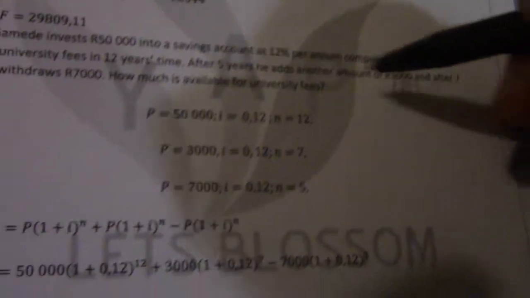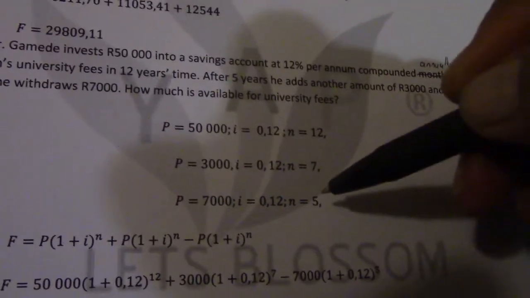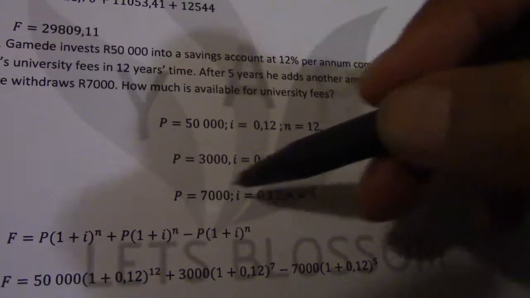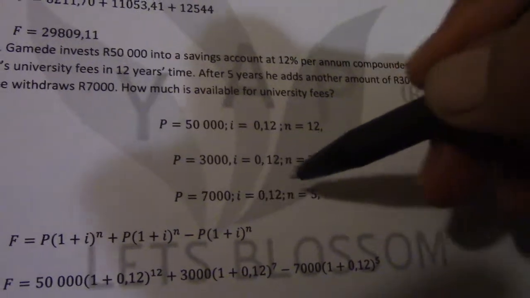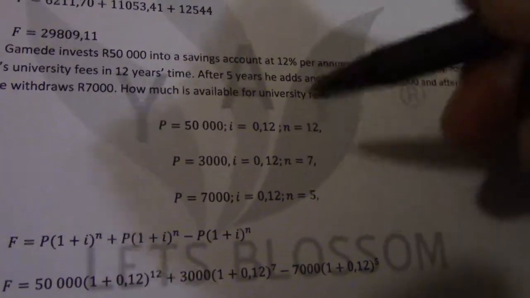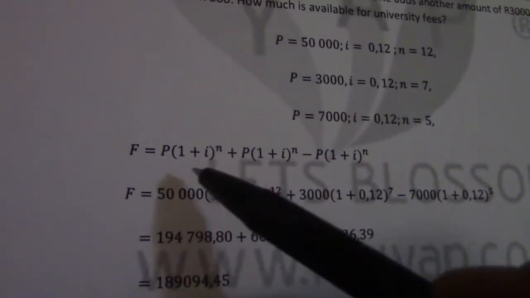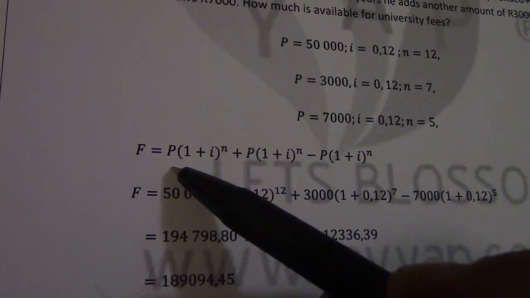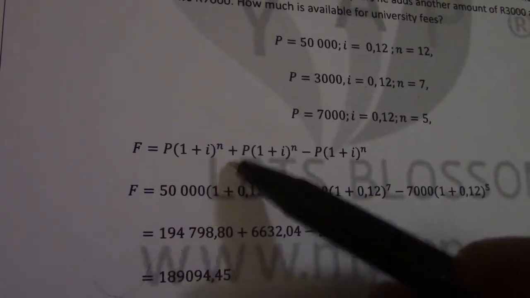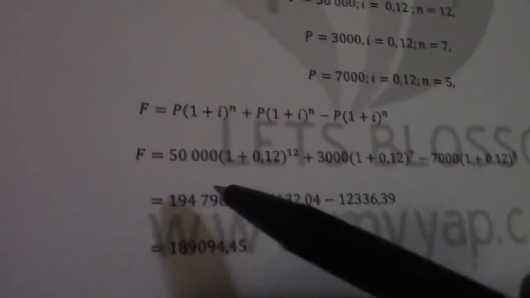So after 7 years, he removes 7,000. So for 5 years, he's not receiving interest on that 7,000. So we have to calculate here how much money he's losing because of the fact that he's withdrawing it. So now if you pick up the difference, my equation is compound increase plus compound increase minus compound increase.